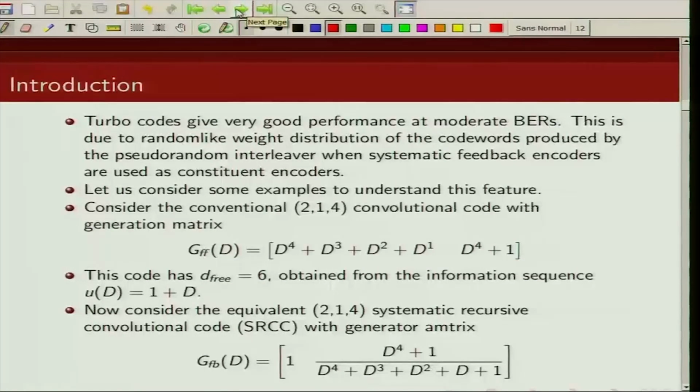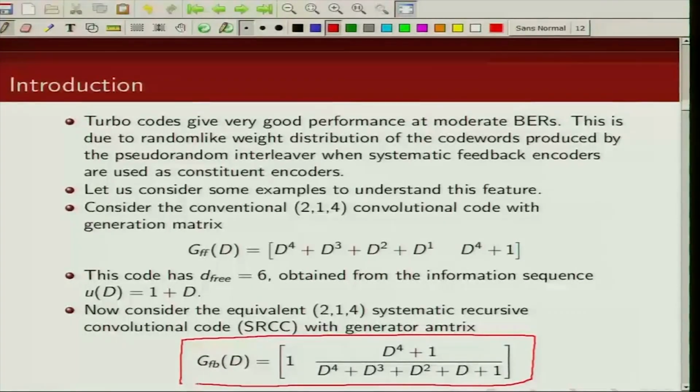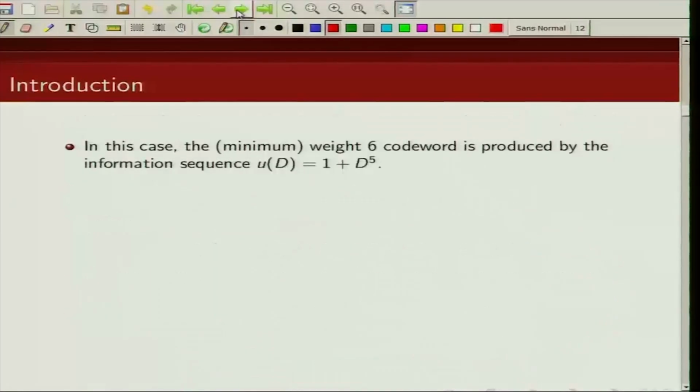Now let us consider an equivalent convolutional encoder whose generator matrix is given by this. Note, this is equivalent to this feed forward generator matrix. So this is a feedback encoder and this is a systematic encoder. Now in this case of the systematic feedback encoder, the minimum weight code word is again 6, and it is produced by an input of the form 1 plus D^5.